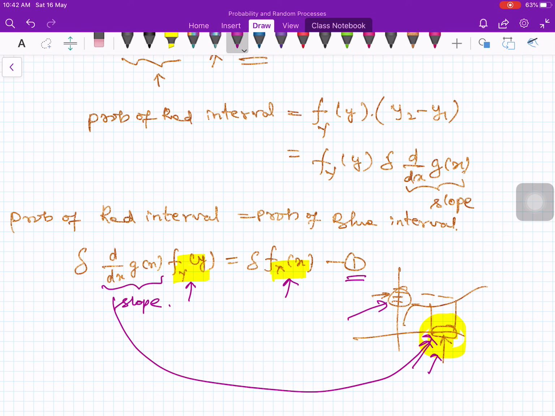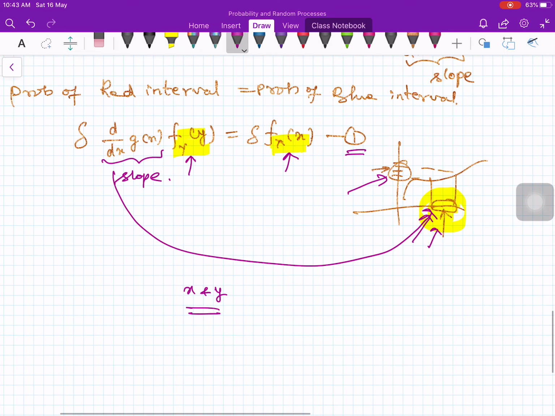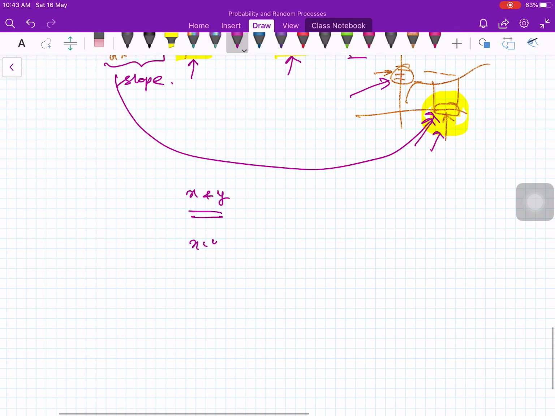This equation number one is a relation between the two densities. Now, interpreting equation 1, you need to make sure what the relation is between the two variables, the relation between x and y. I have both little x's and little y's. So formula 1 is true for an x comma y pair that are related according to the formula y is equal to g of x.